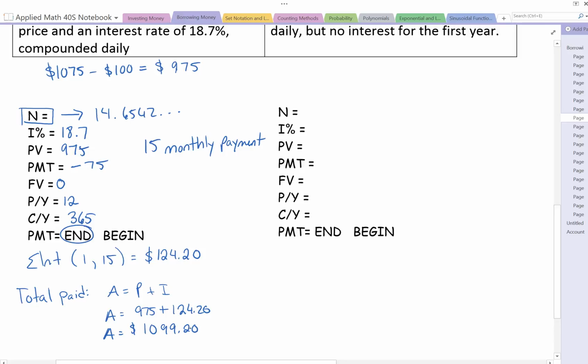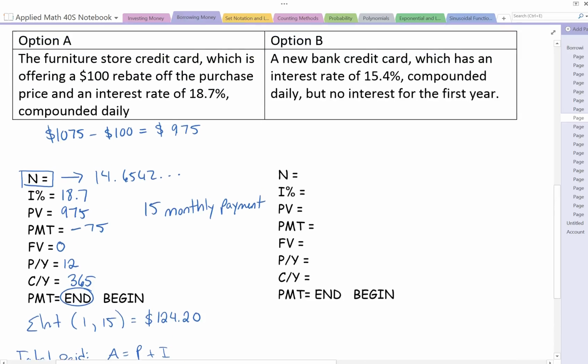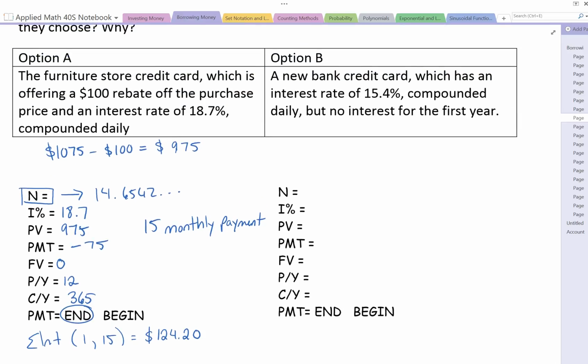Okay, let's do this for option B and see what is a better deal. A new bank credit card, which has an interest rate of 15.4%, so I'll put that in here, compounded daily, 365, but there's no interest for the first year. Okay, so what does that mean?